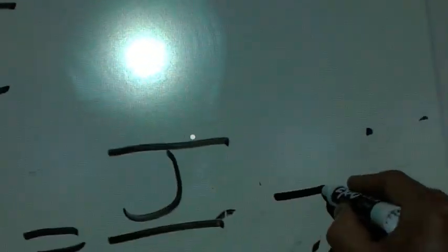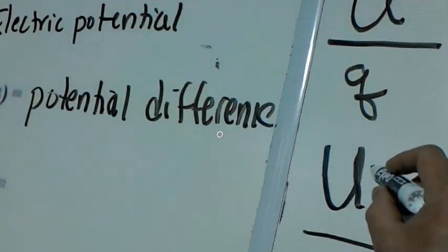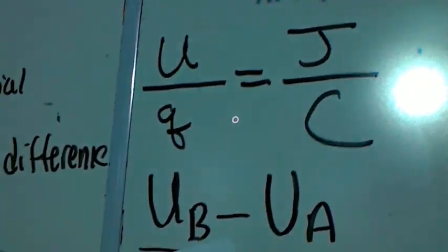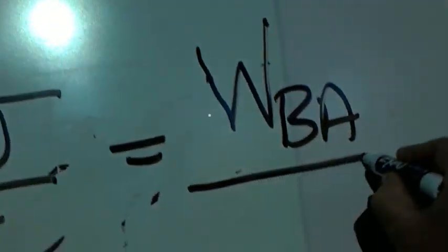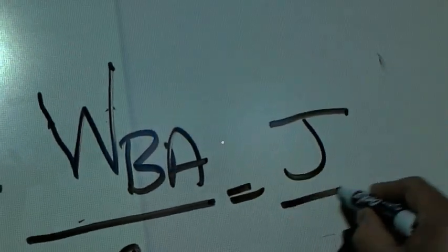And you'll note that when you change energy from one type to another, you've gained or lost energy, you've done work. So voltage is the work from B to A, which is also in joules, over the charge, again giving you joules per coulomb.